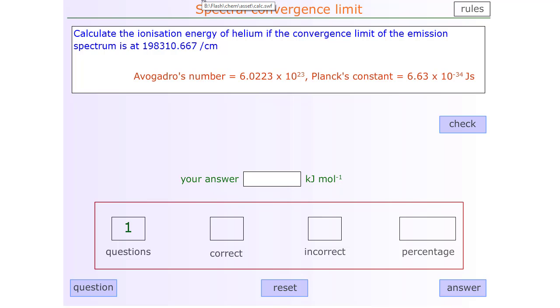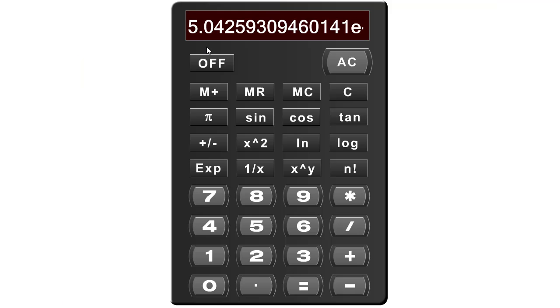So if I take the value we have here and then take a reciprocal of that, we can then multiply this by Planck's constant, and then multiply it again by 2.99 exponential 8, and that gives us the energy of the wave.